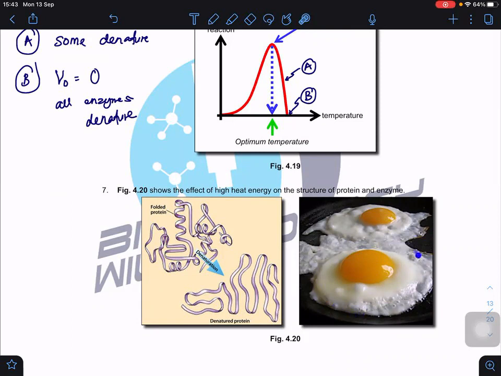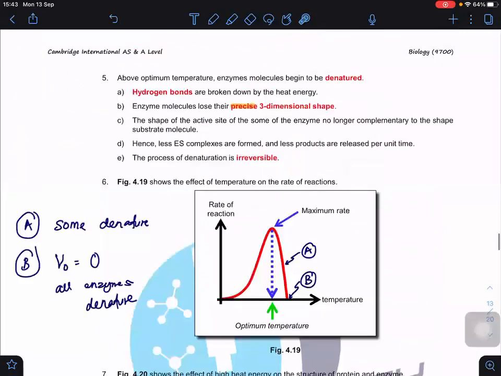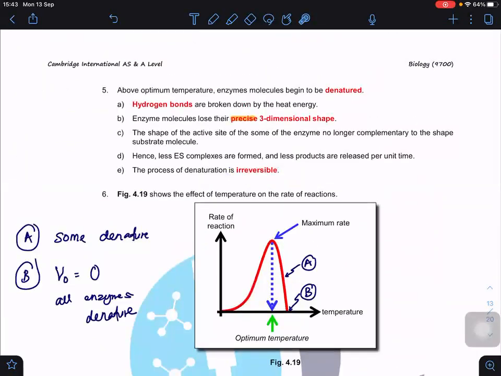Will it form back into liquid? No. You cook it, it becomes solid, and then you let it cool down. When it cools down, it does not become liquid again. That won't happen to our proteins. So therefore, we say that denaturation is irreversible. Okay, clear? Any question?